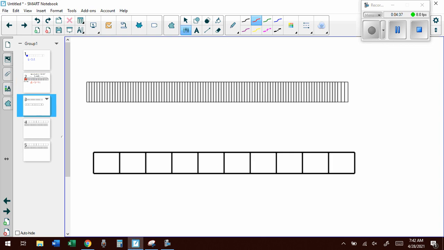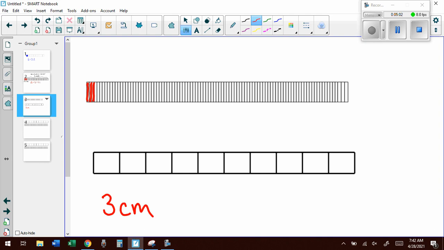If I go to something like this, same idea, but this time I'm going to shade in 1, 2, 3. I'm going to shade in 3 out of the 100. So I've shaded in 3 centimeters.